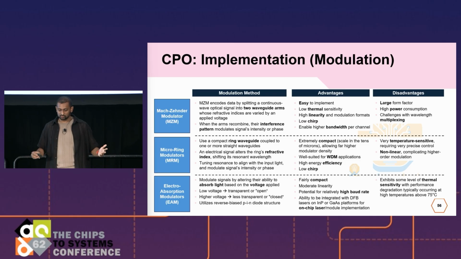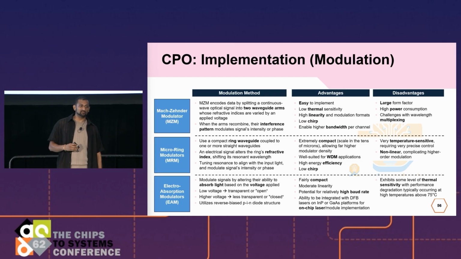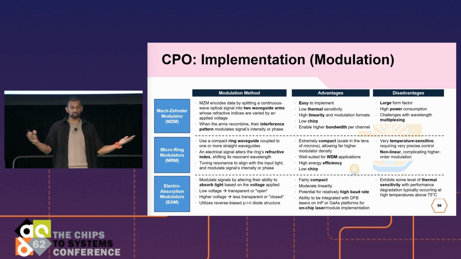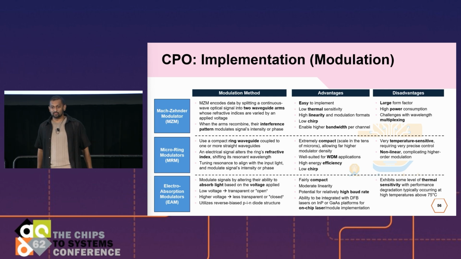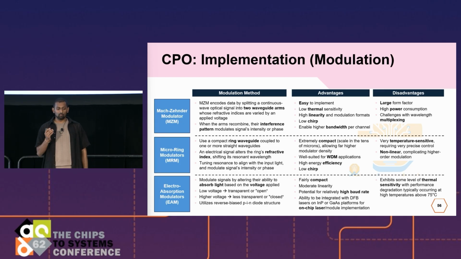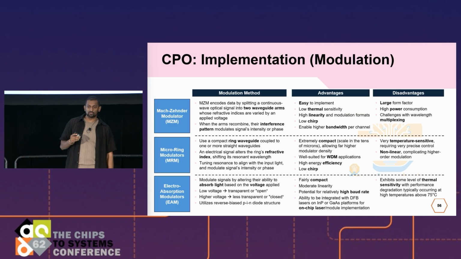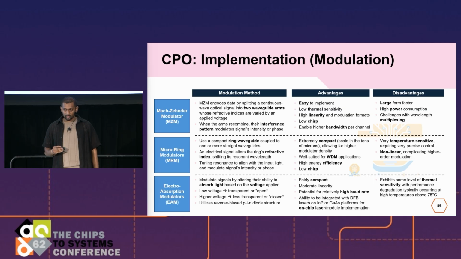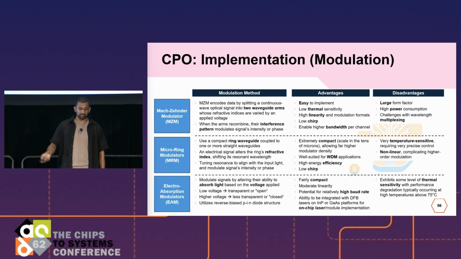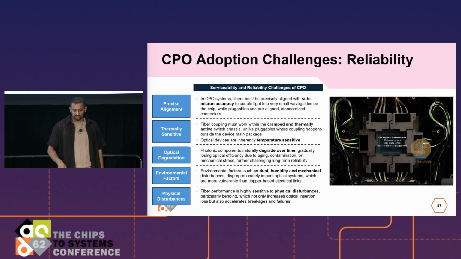There's a lot of challenges with each of them. Temperature sensitivity, the nonlinearity, thermal challenges are really the biggest, but they're so much smaller. The bandwidth that you can get out of them is way higher in terms of density per edge area. And so while Mach-Zehnders have been the standard for the industry, most companies in the CPO world are turning to micro rings or even EAMs.